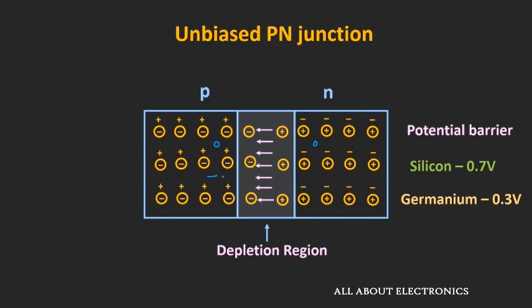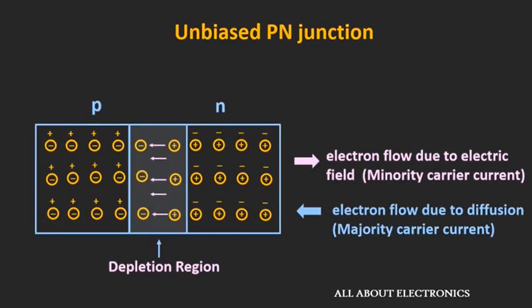Similarly, the electrons which are minority carriers in the p-type region will get swept by this electric field into the n-type region. And once they enter the n-type region, they will become majority carriers. So due to this built-in electric field, the majority carriers are not able to cross this junction, but still the minority carriers will be able to go from one region to the other.